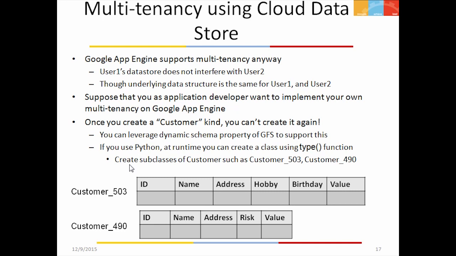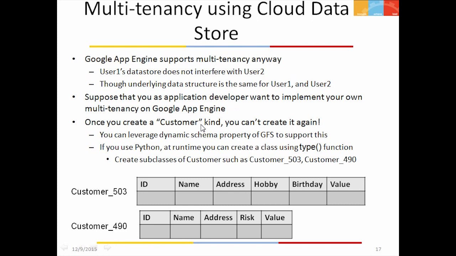So what you can do is leverage the dynamic schema property of Google file system to support such things. The problem is that if you create a customer kind, and kind is a terminology used in Google App Engine, once you create it, you can't create it again, meaning that you can't create a different customer like 503 or 490. One customer kind and that's it.